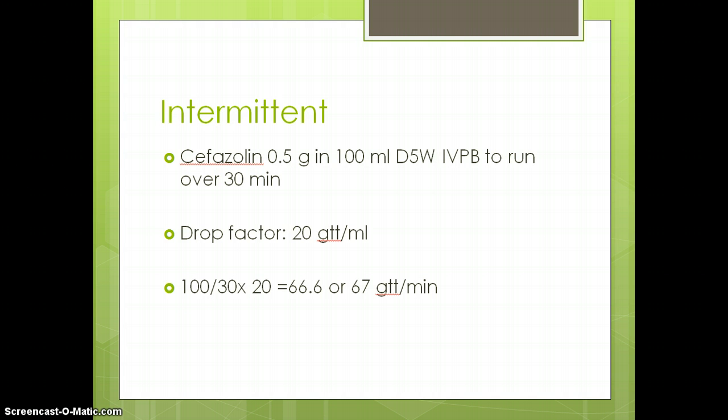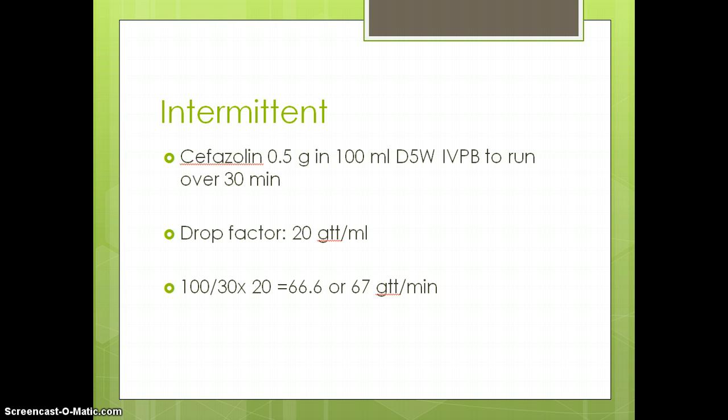Earlier we talked about secondary fluids, which can also be called intermittent fluids. In this example, it's an antibiotic in 100 milliliters that needs to go in 30 minutes. It's a secondary, and you look at your tubing package and it has a drop factor of 20.